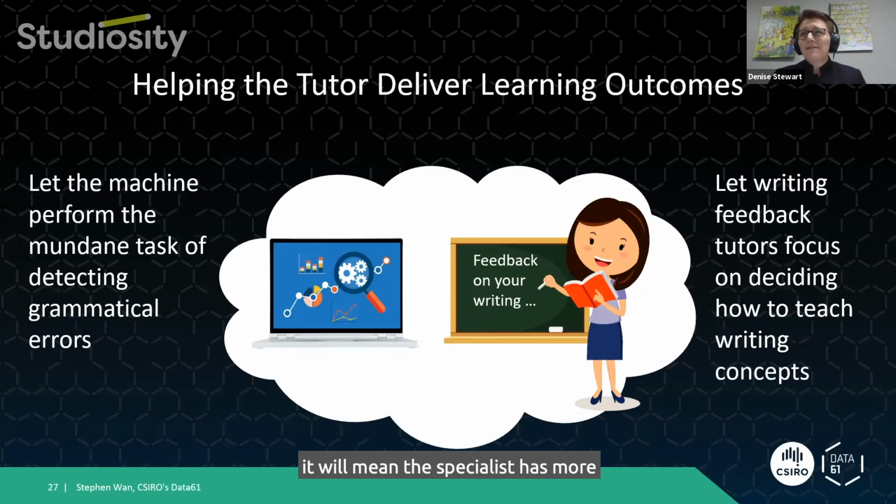It will mean the specialist has more time to focus on areas that are more subtle and nuanced, and certainly areas that AI is not able to help us with at the moment. So that's how we're going to approach it, and we will approach it for every single interaction. We expect to deliver 500,000 interactions with students this year, and every single one of those is vitally important to that individual student. So always human, AI just boosting the ability of the specialist.